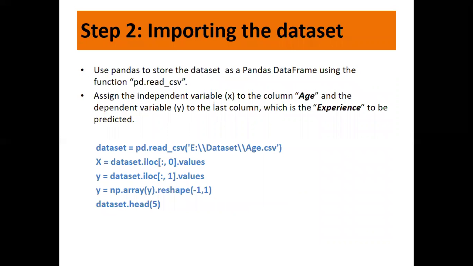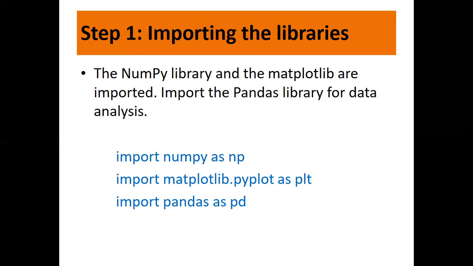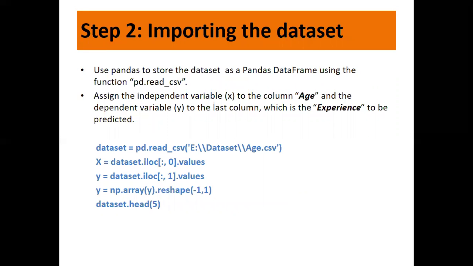Now, the second step is importing the data set. We already have this sample data set, and we are going to import it. To do this, we are going to use the pandas data frame function pd.read_csv.